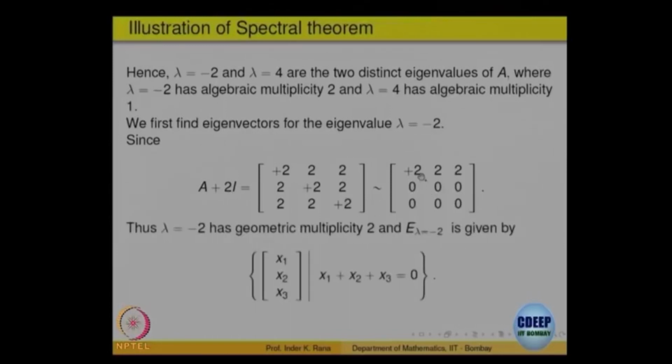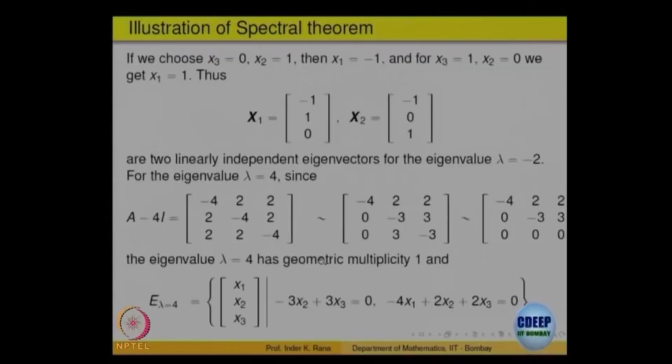So, just writing this, it is 2 times (x1 + x2 + x3) equal to 0, for all linear combinations. So, that is a null space. You get 2 eigenvectors for this eigenvalue: x2 is equal to 1, x3 equal to 0, and similarly for the other, x2 is 0 and the component x3 is 1.